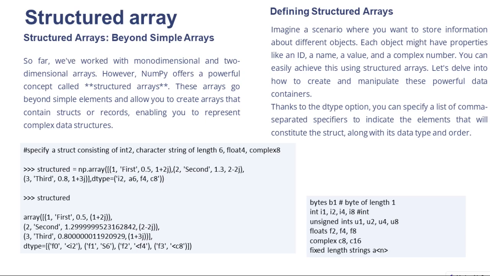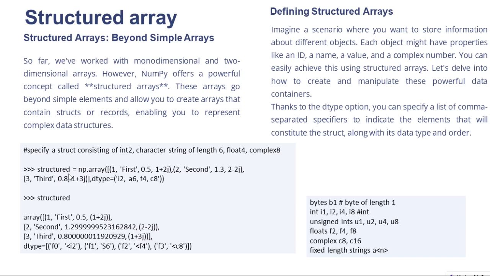Imagine that we want to store information about different objects. Each object might have properties like a unique ID, a name, a value, and a complex number. So when you want to store such things, you can easily do this using a structured array.